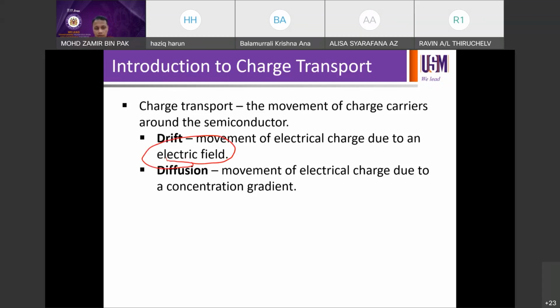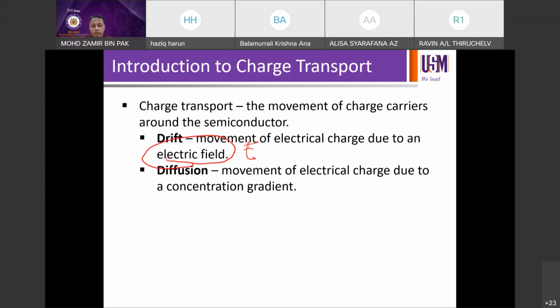That means to be able to have a drift component, you need to have electric field in the first place in the system or applied to the semiconductor. Then only you can expect drift component to be there. If there is no electric field, there will not be any drift component at all, right?